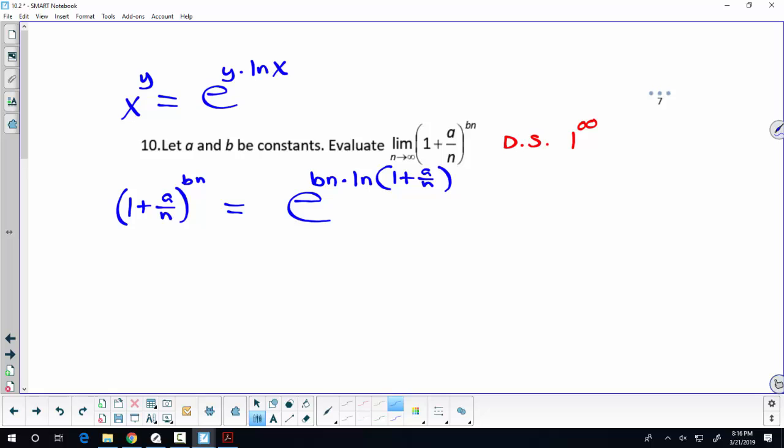Again, if that's foreign to you, you've got to review section 4.7. But since we're computing the limit at infinity on this thing, which is equivalent to this thing, we're computing the limit at infinity here as well. So the limit at infinity doesn't affect the e, it only affects the power.